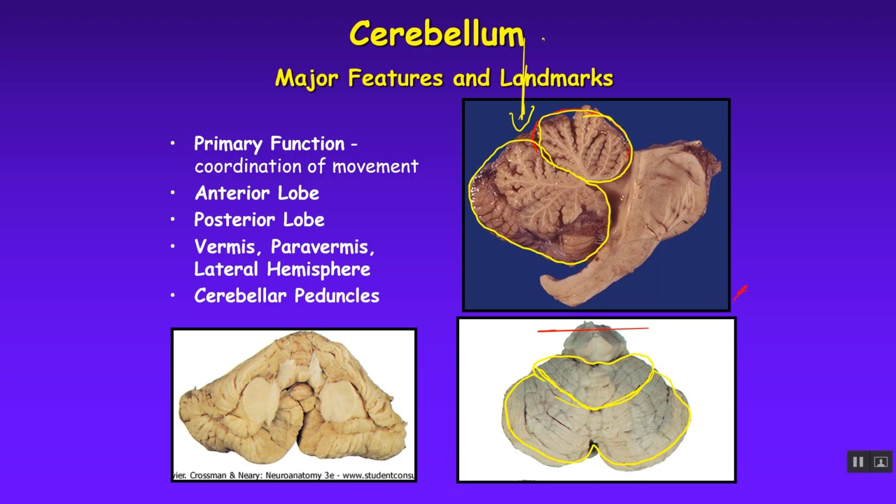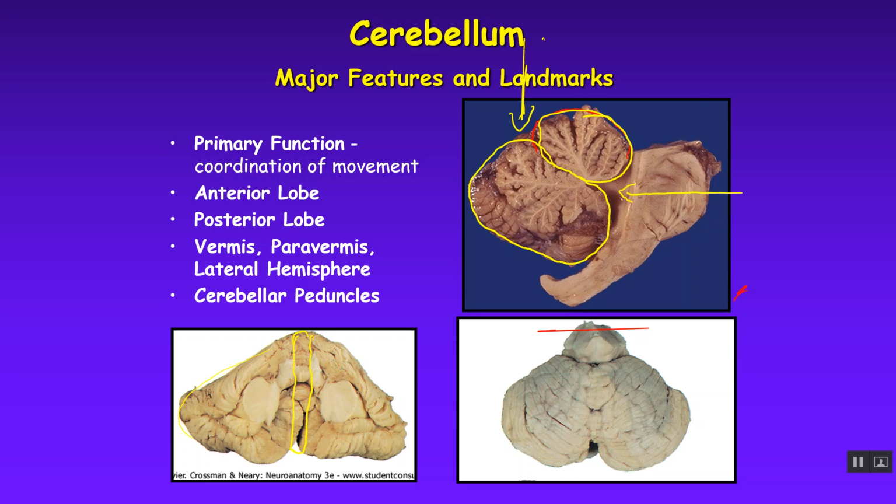The cerebellum can also be divided into these longitudinal divisions. Okay, and it's probably best appreciated looking at the front. The one on your lower left is looking at the front of the cerebellum, as it's been cut off. The very middle section right here, if you're reading something about cerebellum, they're talking about the vermis.